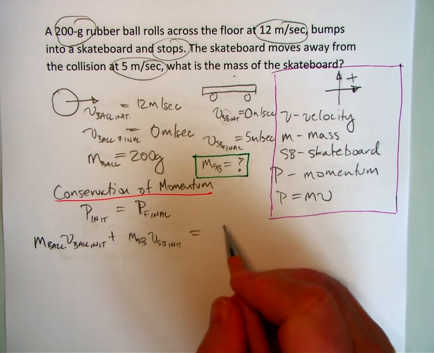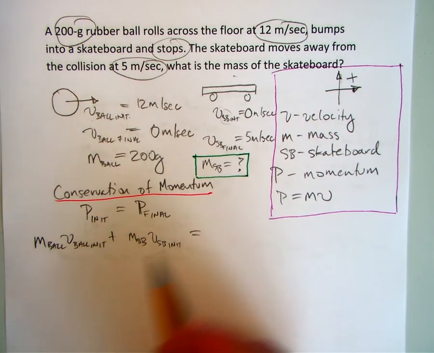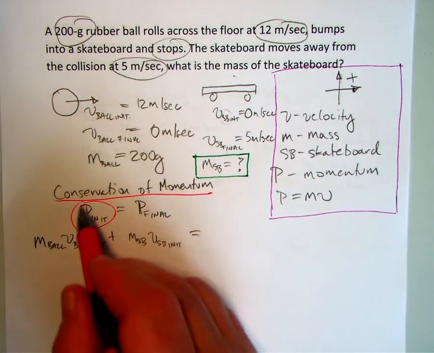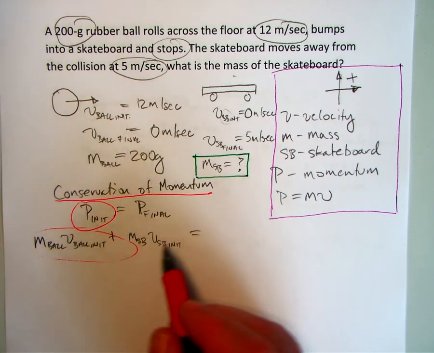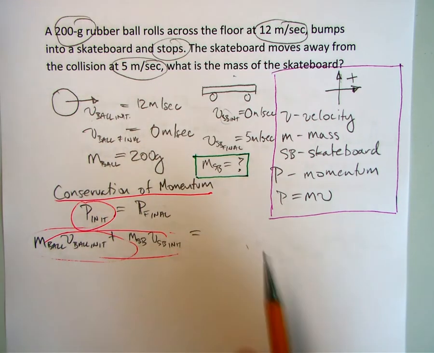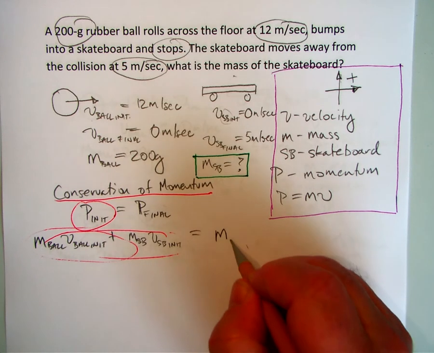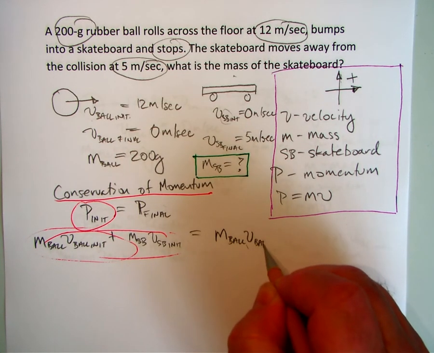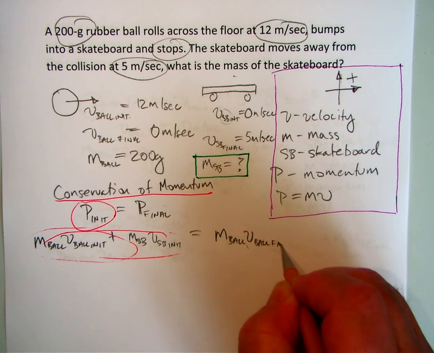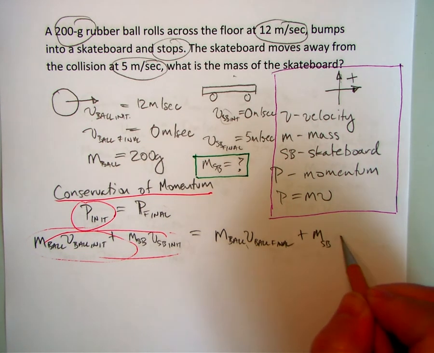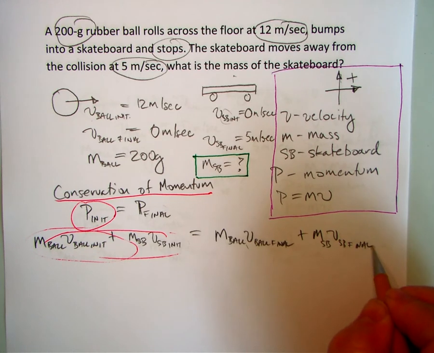Then afterwards, the final terms are the mass of the ball times the velocity of the ball final plus the mass of the skateboard times the velocity of the skateboard final.